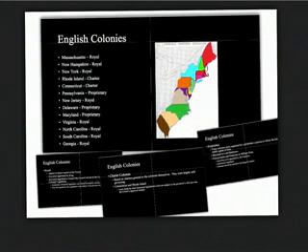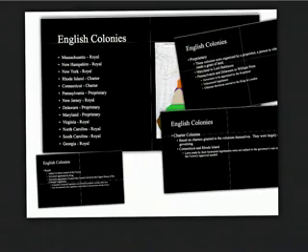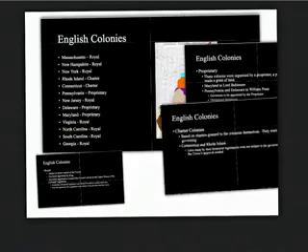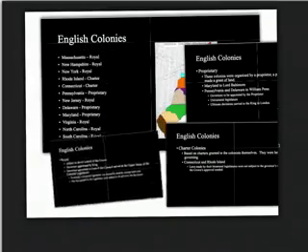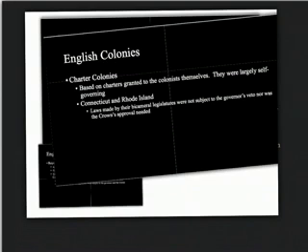So of these three types of colonies, we have proprietary, we have charter, and we also have royal. Of these three types, the charter colonies were the most, what we would call, autonomous.